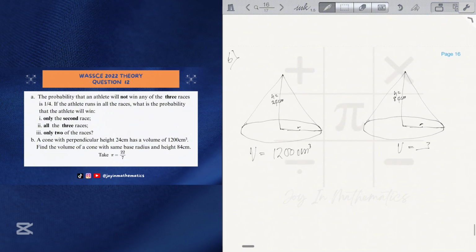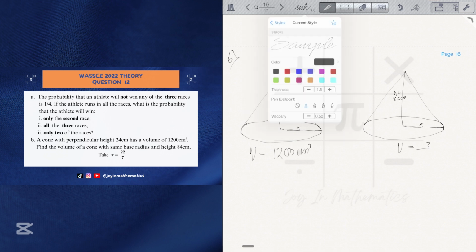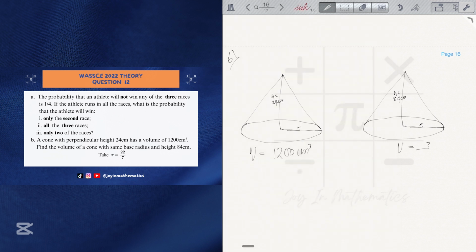So how do we solve this? To solve this, we have to find r here, and once we get r, we substitute it into the formula of cone. The question now is, what is the formula for volume of a cone? V of cone is equal to 1/3 pi r square h.